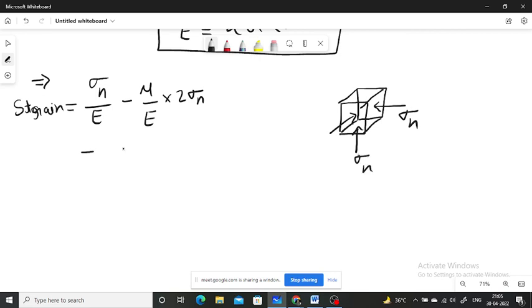So from here, sigma n upon E is equal to 1 into 1 minus 2 mu. This is the linear strain in a single direction.